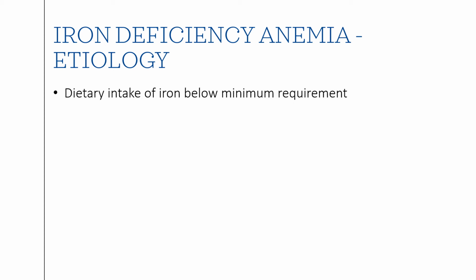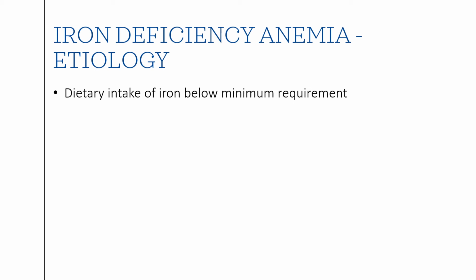Generally, patients get iron deficiency anemia because of poor or minimal iron intake compared to what they require. Most people enjoy meat, but foods that are rich in iron are your thick green leafy vegetables. So this is the number one cause.